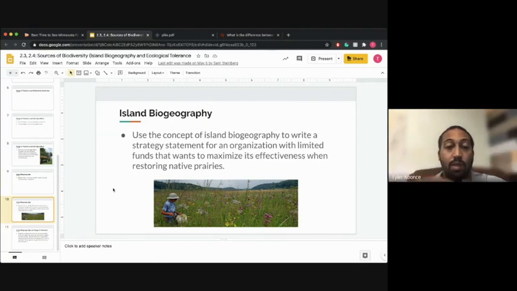We want large areas because, from island biogeography, larger areas are more likely to be settled than small areas that are far away. So if you can make a big enough target, hopefully that invites more things to grow, and more biodiversity to be possible.